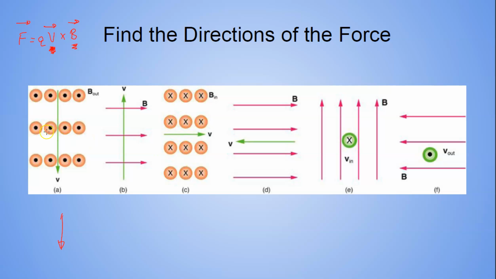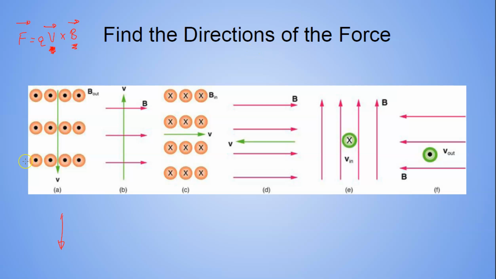And so what I need to do is to point my fingers in the direction of the red arrow, and then since B is coming at me, I need to curl my fingers toward me. My hand needs to go down the screen and then curl towards me. That means that my thumb has to point to the left. That's what we wanted to know. The direction of your thumb at that point is the direction of the force.